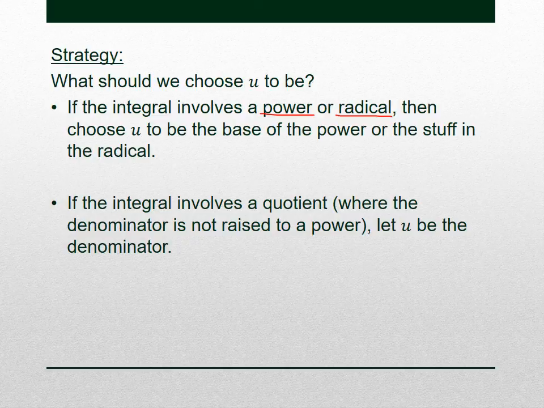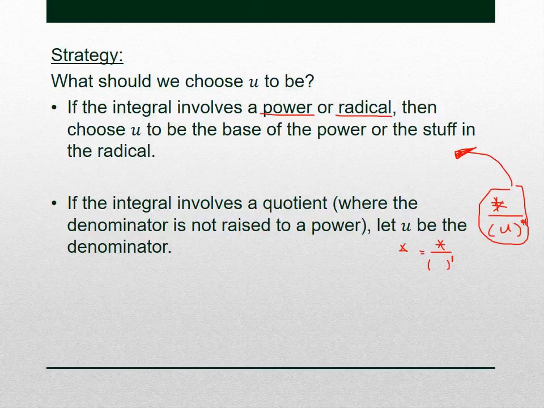All right, in our second example, we had a quotient. It was a rational function, something divided by something else. Remember, in that case, we didn't have some stuff divided by something to a power. If you see that, it goes up here with the first example. But if you see something where it's stuff divided by just something, and the power is just a 1, or there's nothing, and it's just some stuff over something else, this is like our second example.